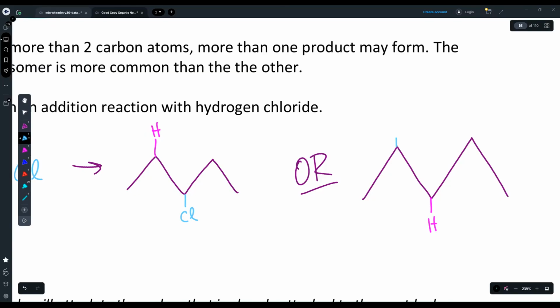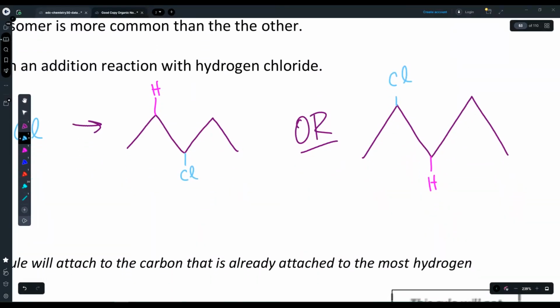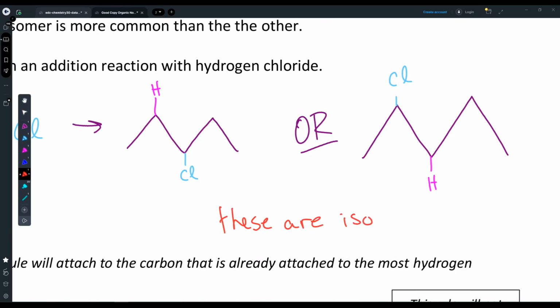Hydrogen, and then chlorine. Okay, so these compounds here, they are isomers. Okay, and on a test, if you draw one of these, you are good. Okay.